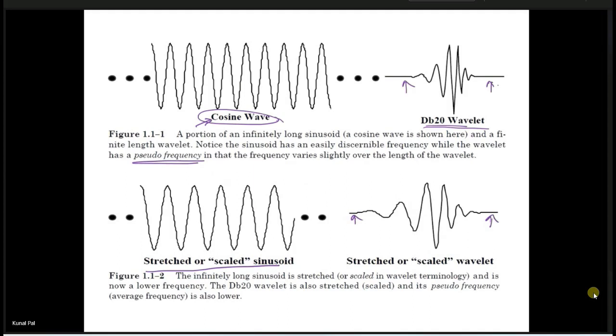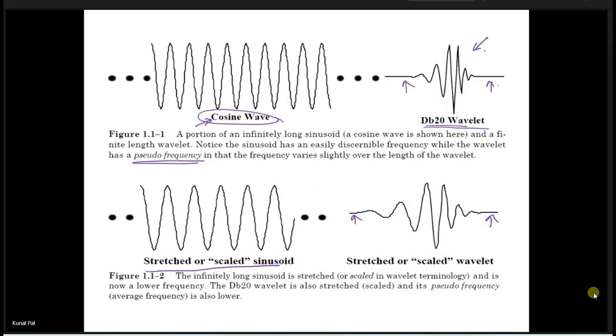And hence, when we use sinusoids and try to find the frequency components using the Fourier transform, we say that we have a particular frequency. However, in wavelet, we are using wavelets which are waves, but they are limited in time and they have an average amplitude of 0. So when we use these wavelets, they cannot have a particular frequency. So over here, we have pseudo frequency.